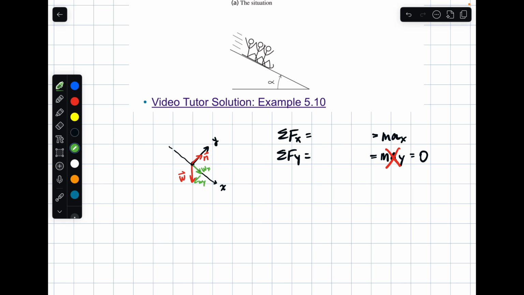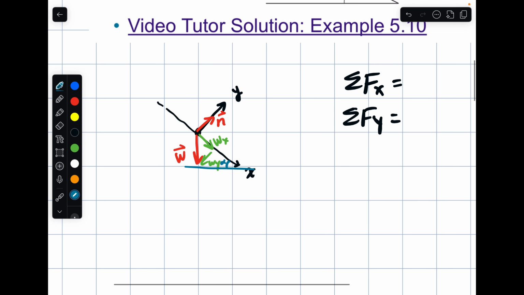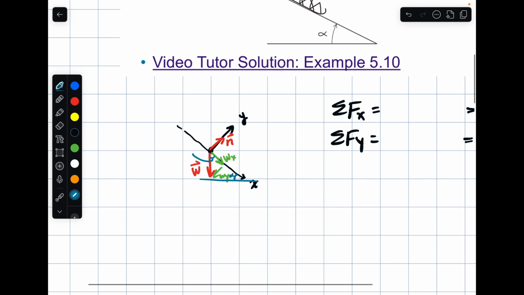And so this is that triangle formed by the ramp, and the angle of the ramp, alpha, is right here, which would make this angle 90 minus alpha. And so if that angle is 90 minus alpha, you're essentially going to flip the sine and the cosine.